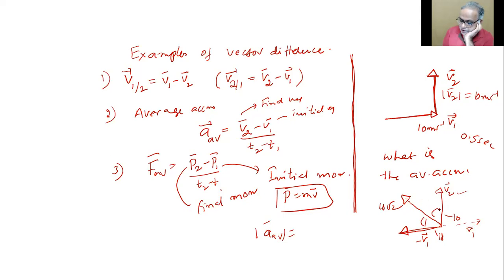So A average will be mod of V2 minus V1. How much is that? 10 root 2 divided by the time, that is 20 root 2 meters per second square. And the acceleration direction is 45 degrees with V2 or 135 degrees with V1.